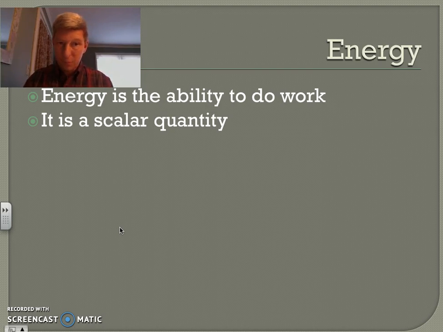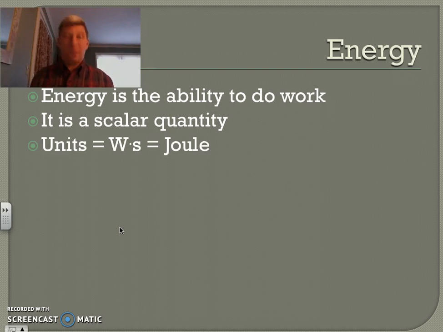Do you? Do you really? All right, the units are, of course, joules. Now, the unit of joule, of course, is named after the famous scientist Joe Joule. And it turns out that because energy is the ability to do work, it has the same units.